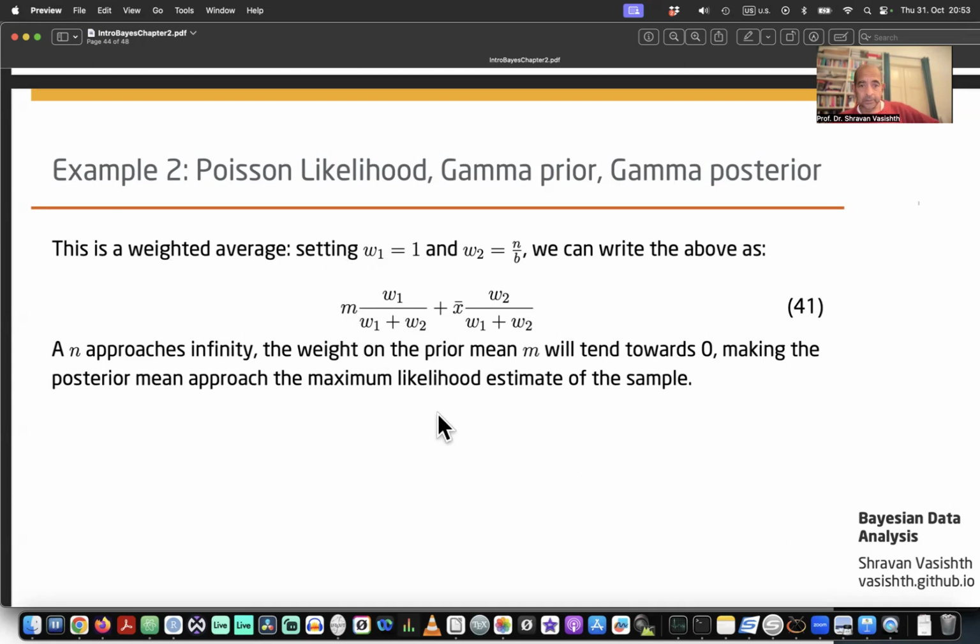That also relates to the picture I showed you earlier, where the posterior distribution is a compromise between the prior and the likelihood. So the posterior mean will drift towards the maximum likelihood estimate if we get more and more data, right?